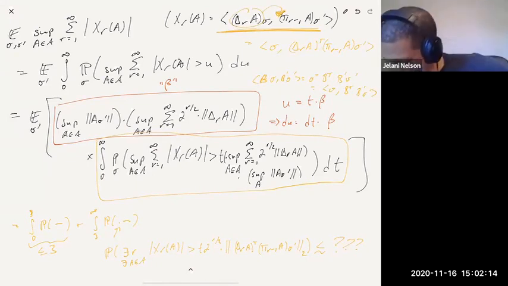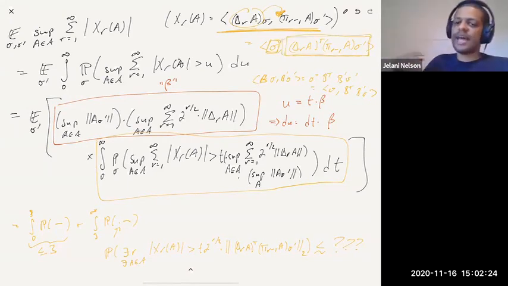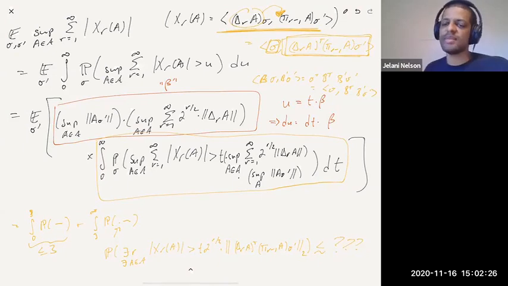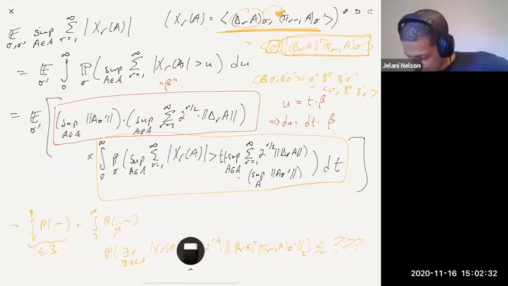Khinchin's inequality says if you take a sign vector and you dot it with some other fixed vector, what's the probability that you're bigger than lambda times its L2 norm? It's at most e to the minus lambda squared. So that's what I'm doing here. I'm saying, look, that thing on the right-hand side has norm equal to this.